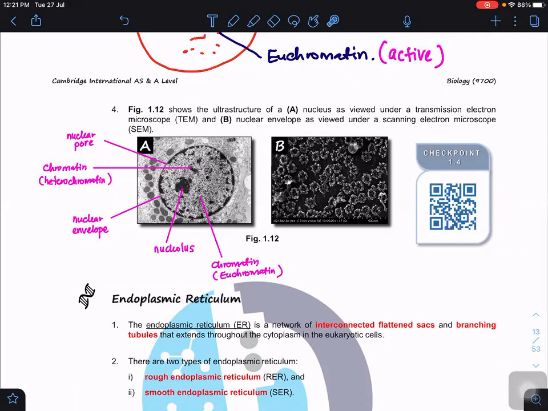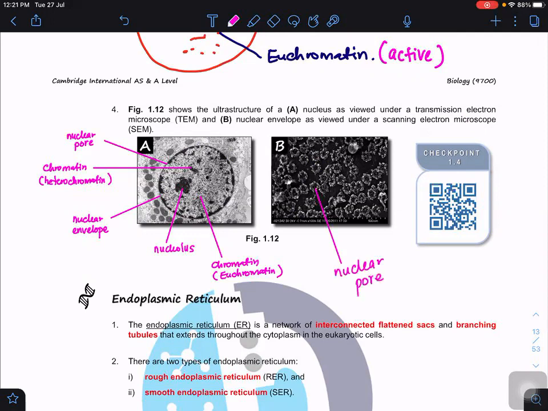If you look at the TEM, you can see that it forms 2D diagrams or pictures. But if you use a scanning electron microscope, we scan the surface, and it will give us a 3-dimensional view. So you can see the nuclear pore with a complex there, or nuclear pore complex. Point to one nuclear pore and write down this is a nuclear pore.